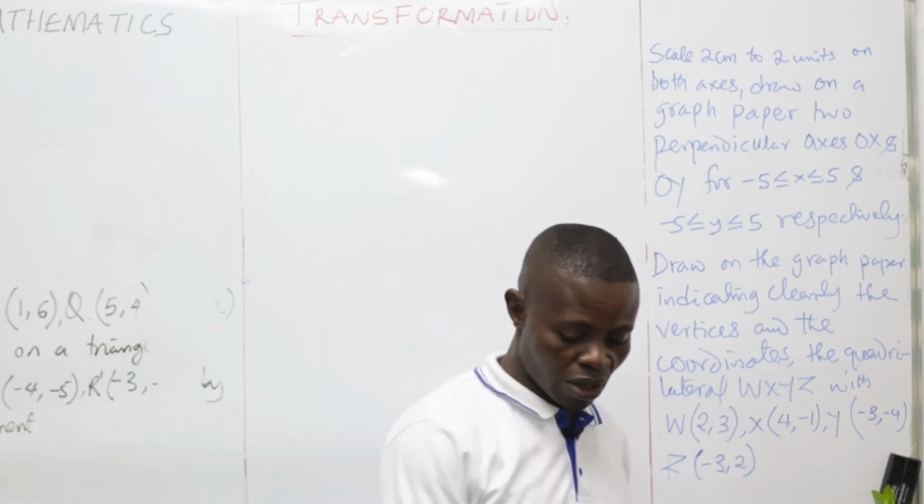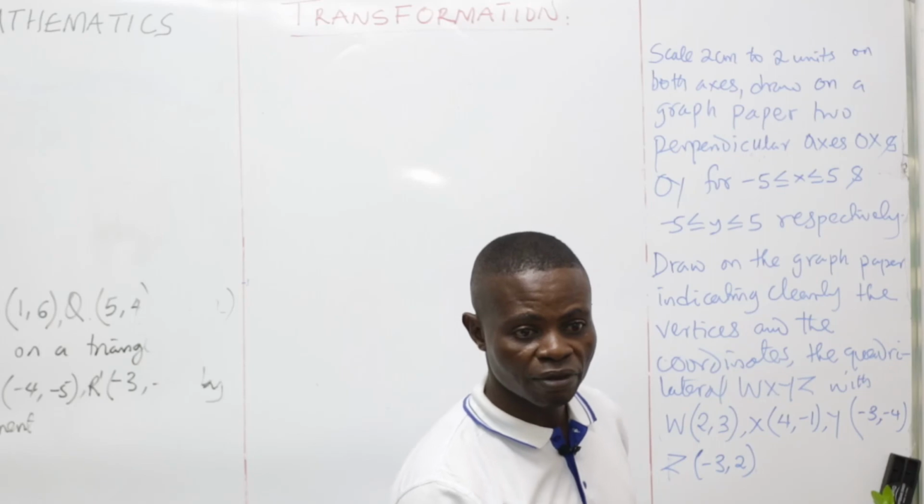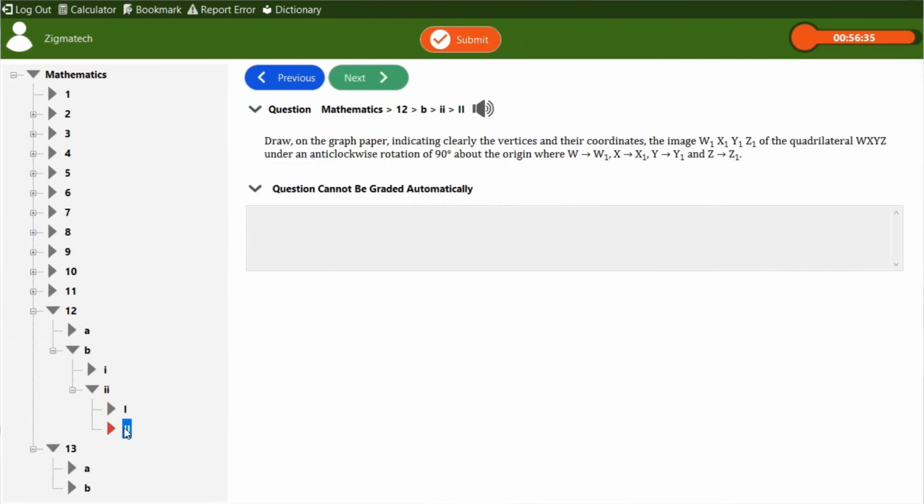Okay, the final part of this question: draw on the graph paper, indicating clearly the vertices and the coordinates of the image. What's the image?